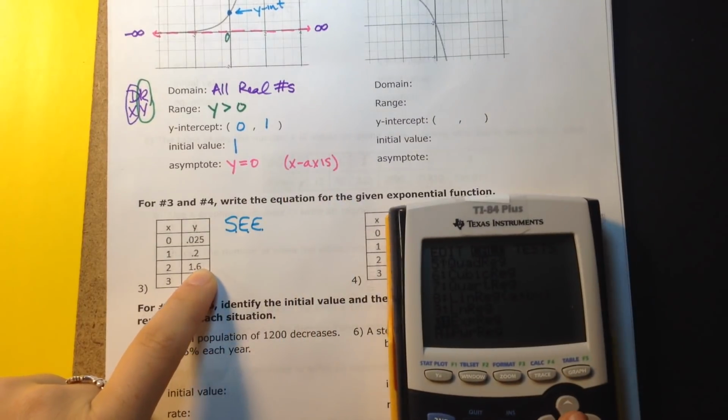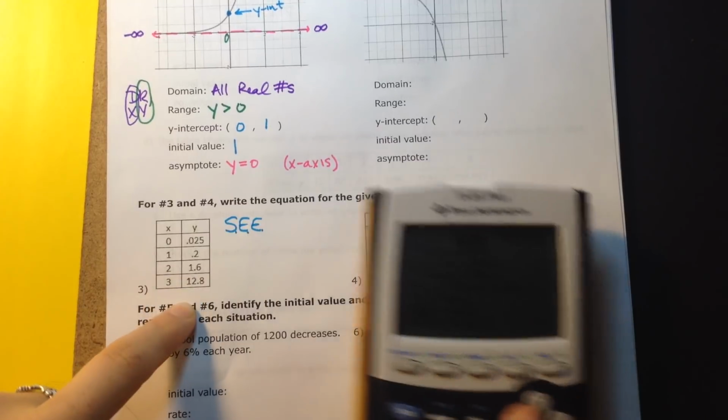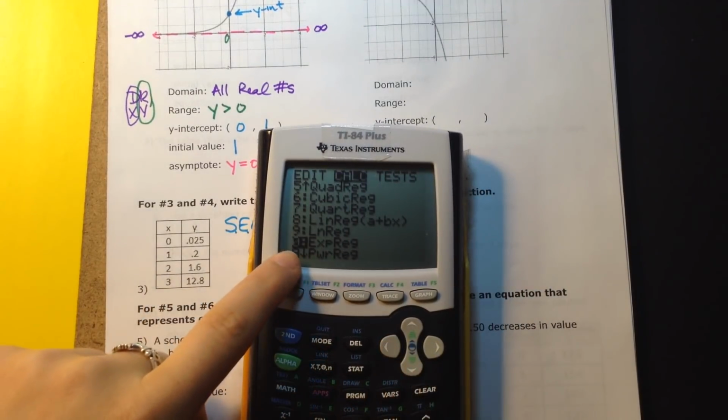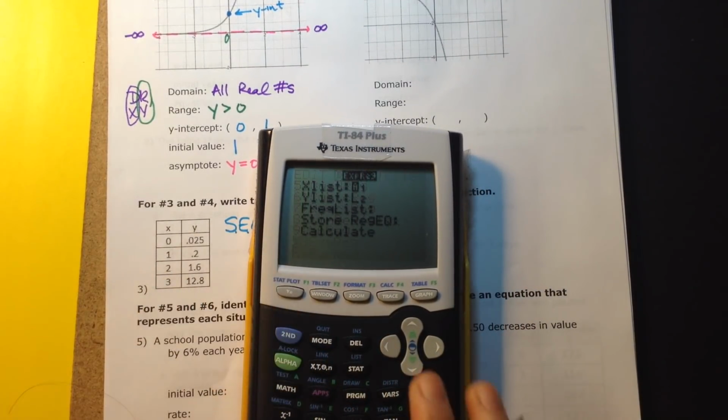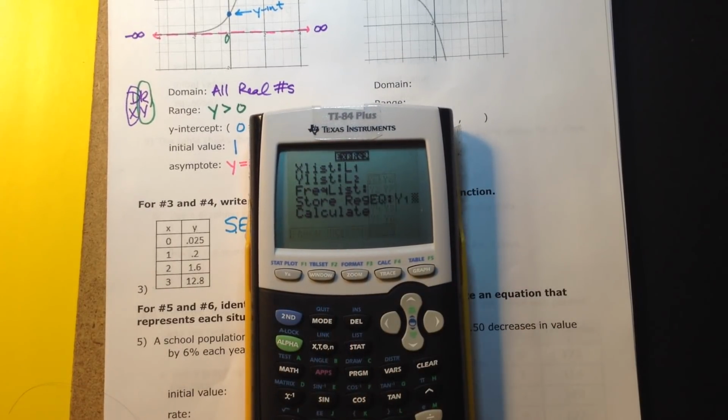Since this one is telling me that it's an exponential function, and I notice the numbers are going up really fast, we would know that this is a 0 and exponential regression. On the store regression equation, we press alpha, trace, enter to put a y1 right there. It's a shortcut for our calculator.